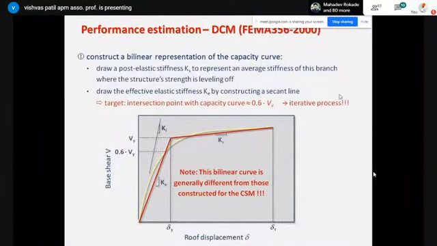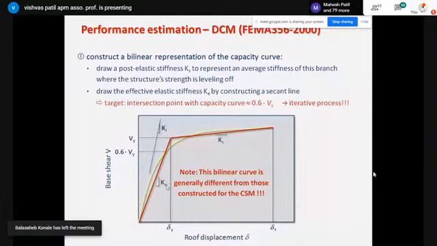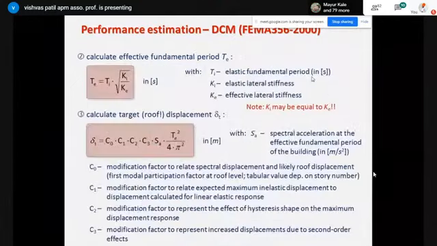Then by using this initial stiffness and this elastic stiffness, these two stiffnesses are required for the further calculation. Therefore, a bilinear representation is required. Then by using initial stiffness and elastic stiffness, the effective time period is calculated. The elastic fundamental time period is calculated, and then this is the equation to calculate the target displacement.